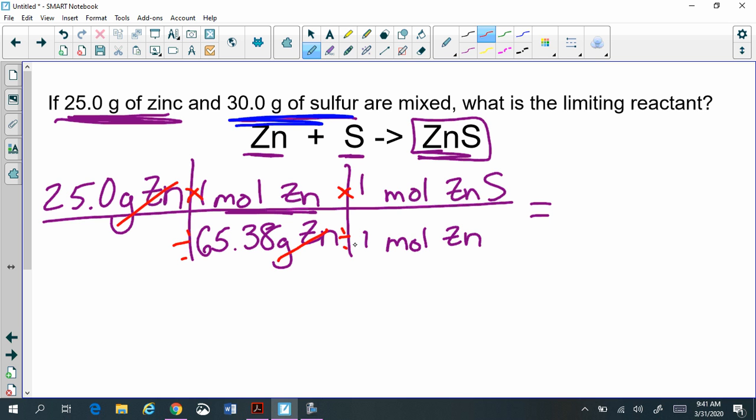If you go to plug this into your calculator, you end up with 25.0 times 1 divided by 65.38 divided by 1, and that gives you 0.382.